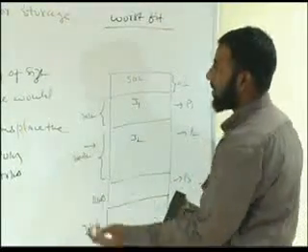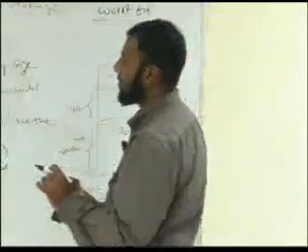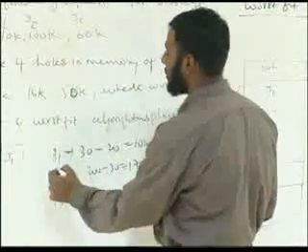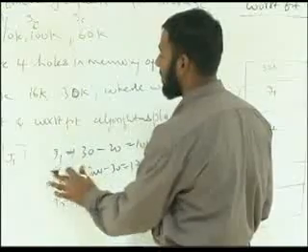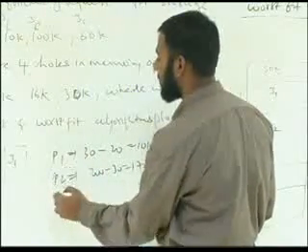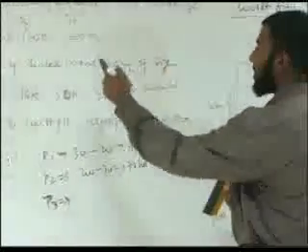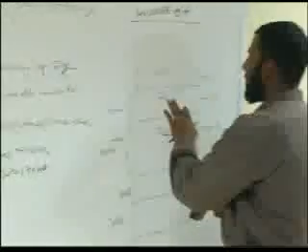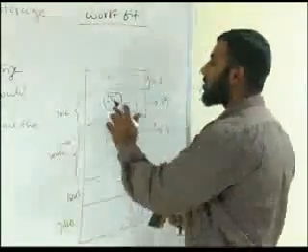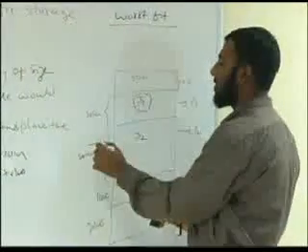Now assume I'm making a small change. When job J3 comes, we assume that there is no job sitting in partition P1, and the last allocated block is this.